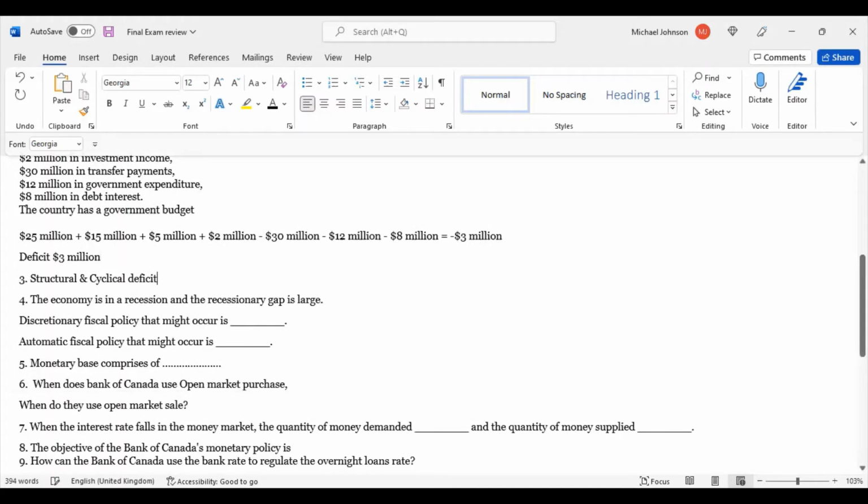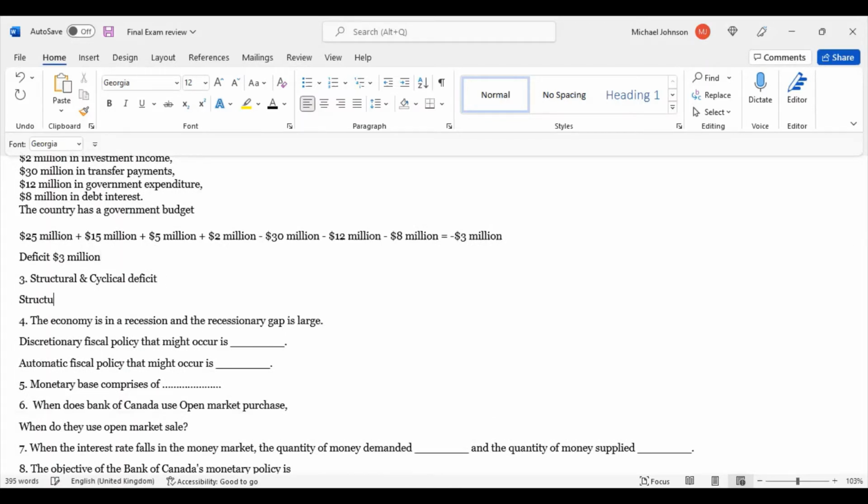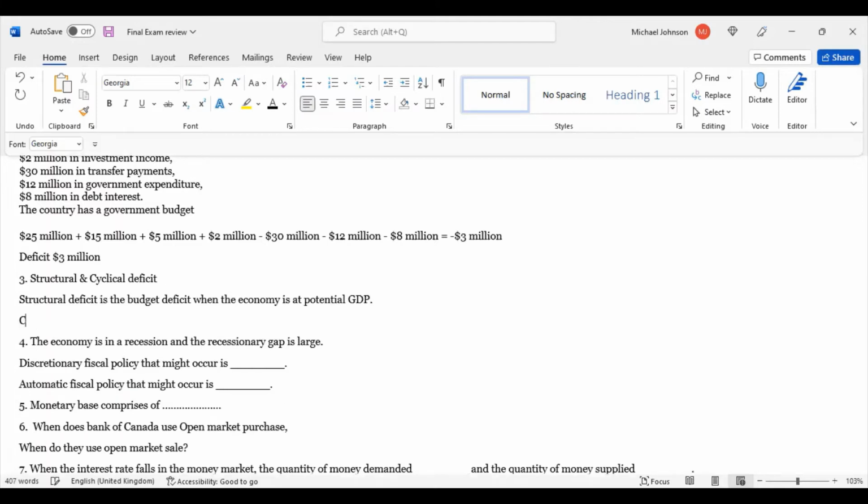And then a structural deficit is the budget deficit when the economy is at potential GDP. Cyclical deficit is the budget deficit during recession.